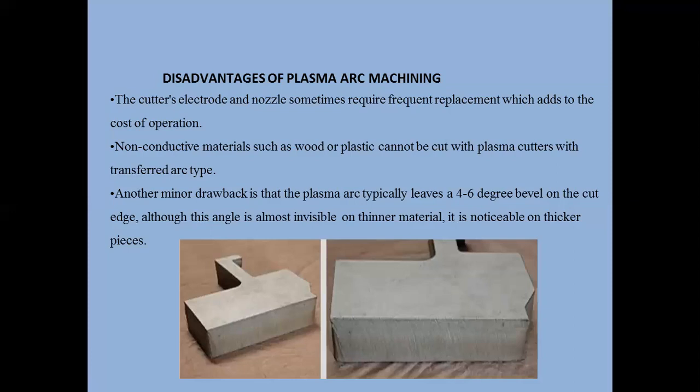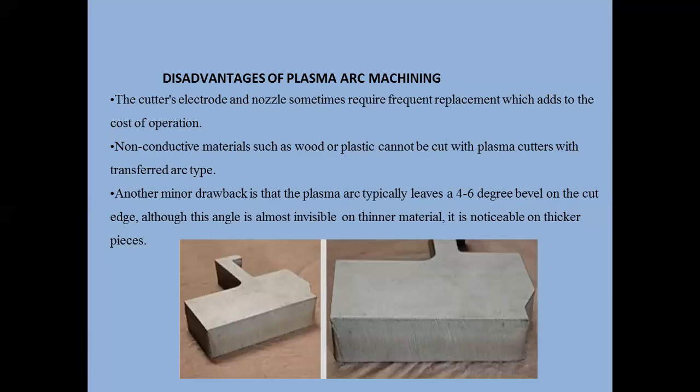Non-conductive materials like wood or plastic cannot be cut. See, because this is a process where electricity is the base input, we can't consider non-conductive materials, right? By transferred arc mode, we can consider it, but it is a little costly in the other mode, non-transferred.